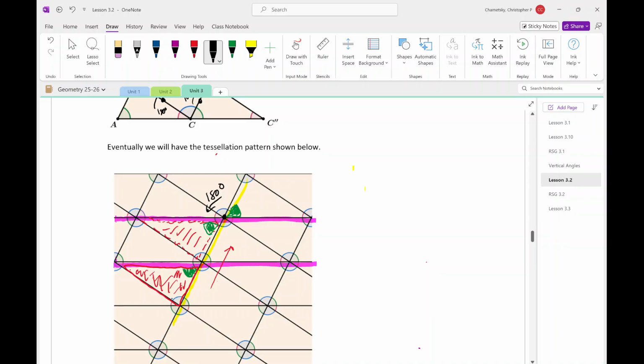It'll come around and our triangle will line up along the parallel lines, and those two green angles are going to match up because they're vertical. So there is our proof on our tessellation pattern using transformations.